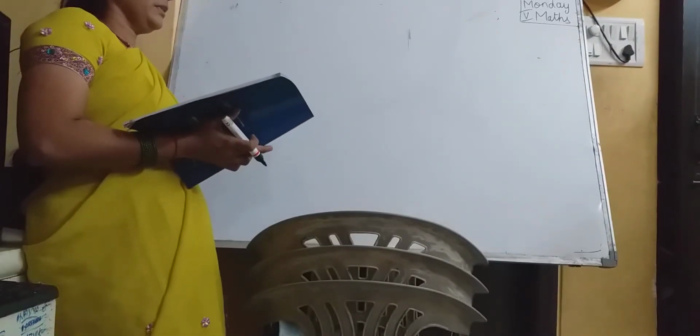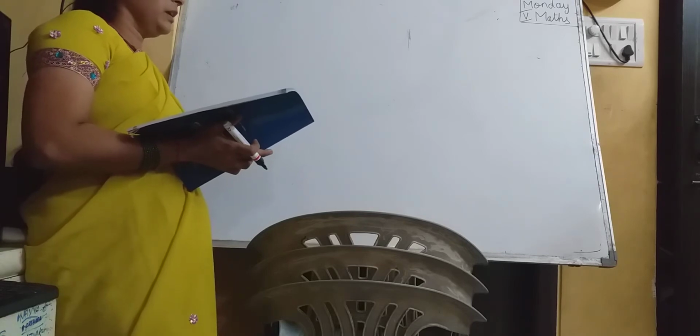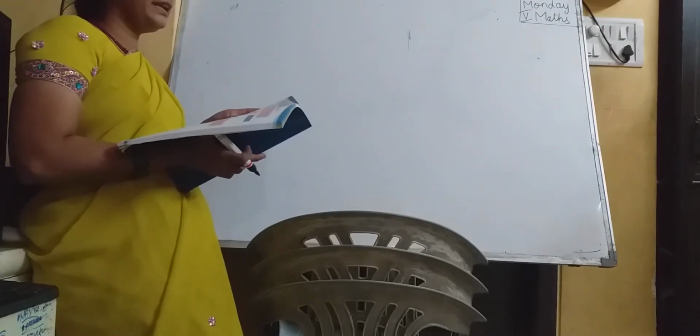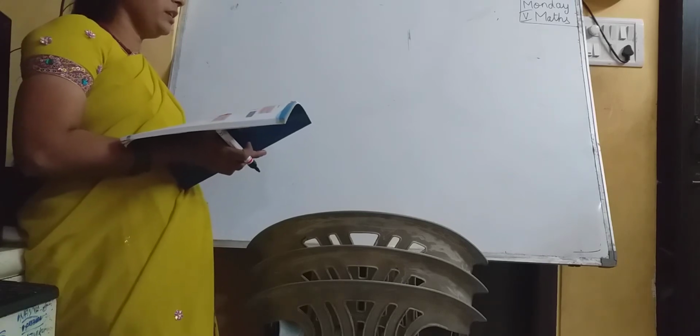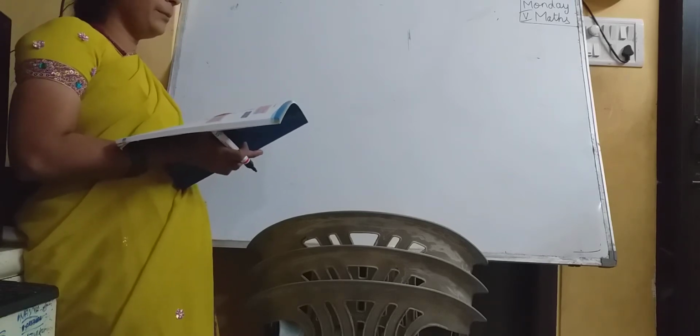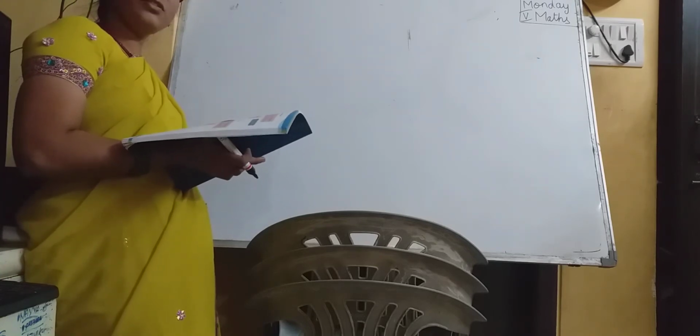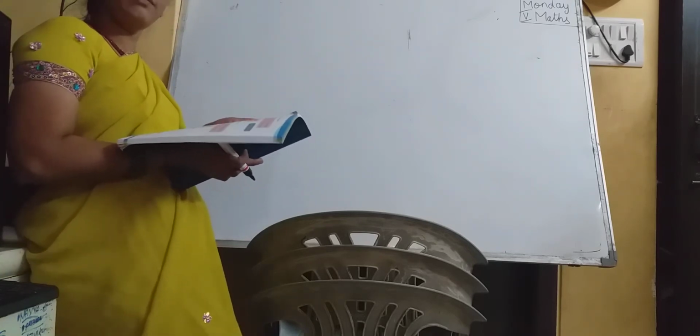What are decimals? Do you know decimals? Decimal fractions are special fractions with denominators 10, 100, 1000. Okay, decimals are fractions or numbers expressed in decimal form. We can express decimals in fraction form as well as decimal form.